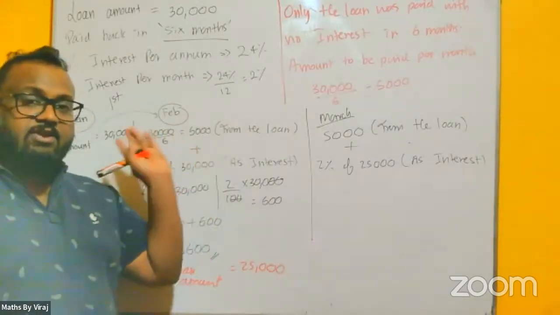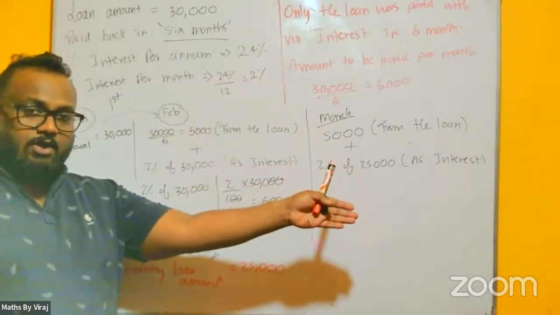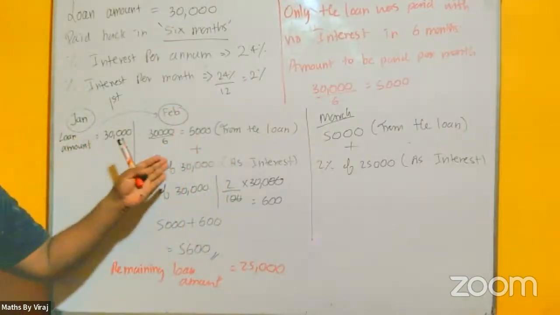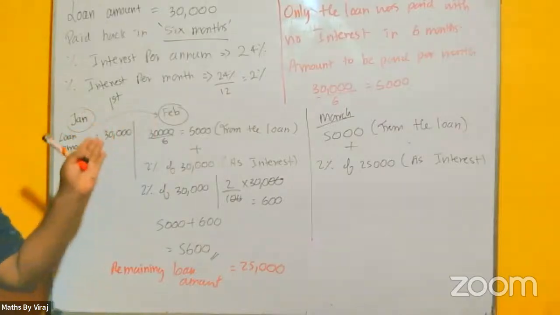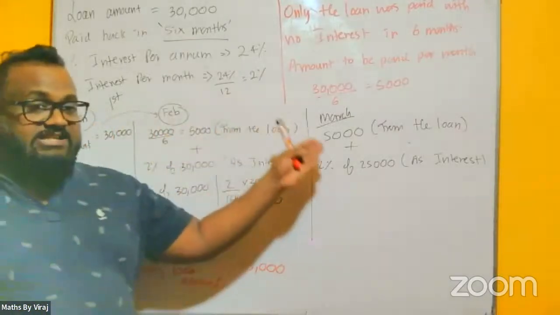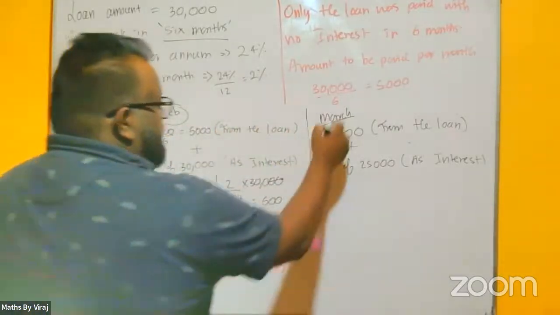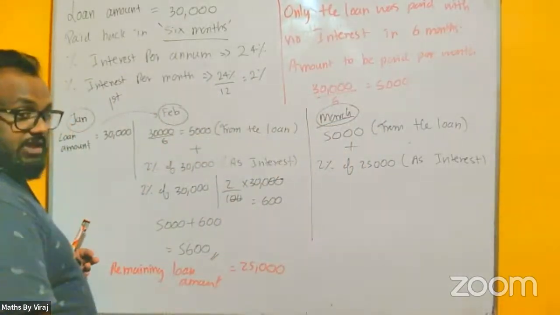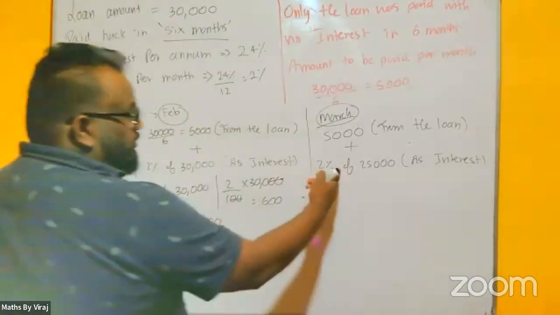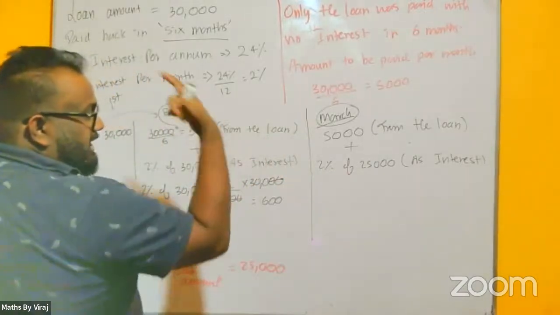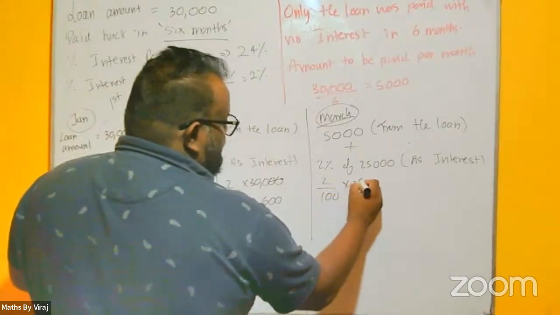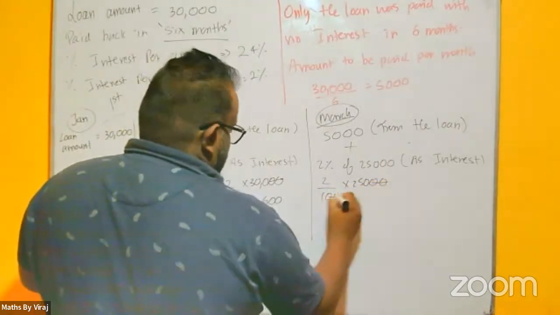By February, 1 month has already gone. Therefore, here 5,000 is paid from the loan amount for the next month, that is the month of March. I have a total loan amount of 25,000. Therefore, 2% of that should be calculated as interest. 2 over 100 into 25,000, which is what?